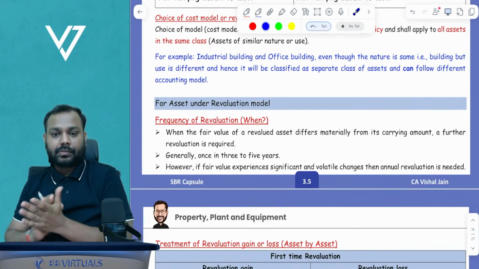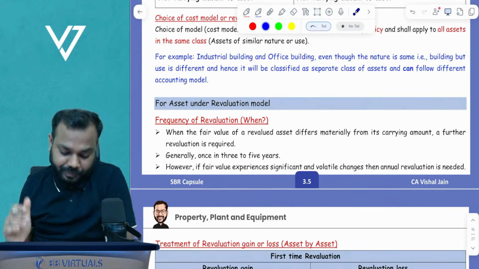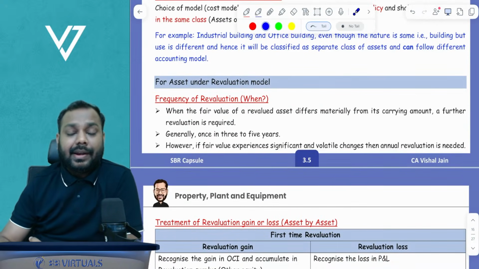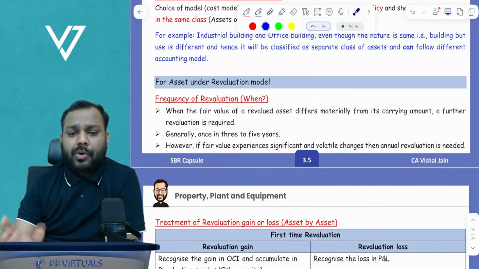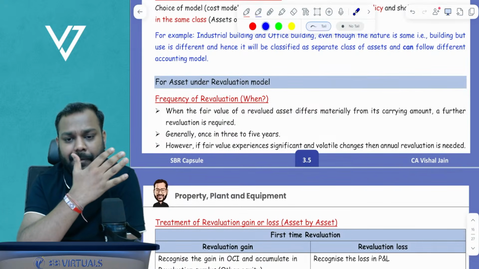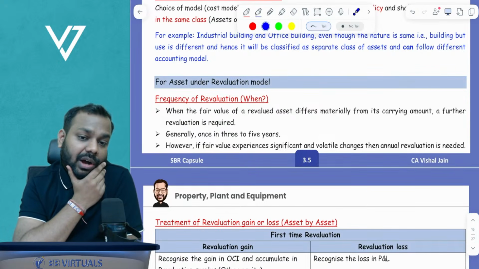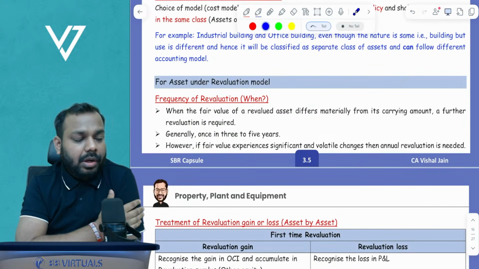Next. For assets under the revaluation model, the cost model I believe is very much sorted. The next thing that comes up is the revaluation model for assets.